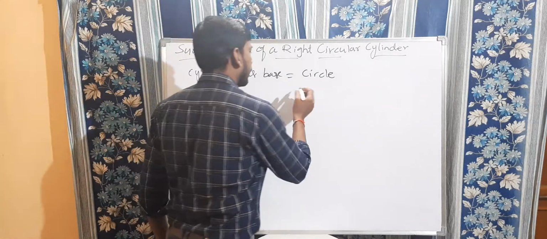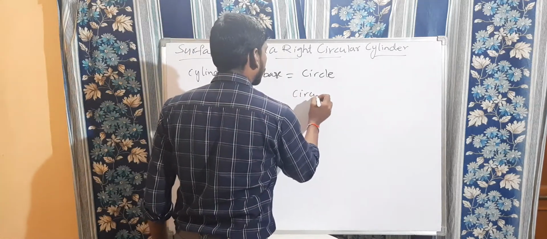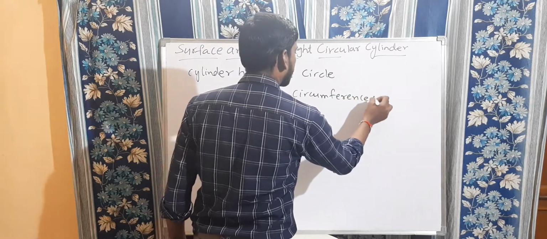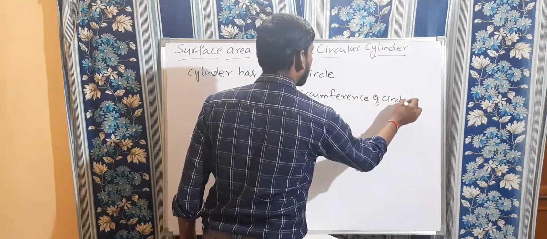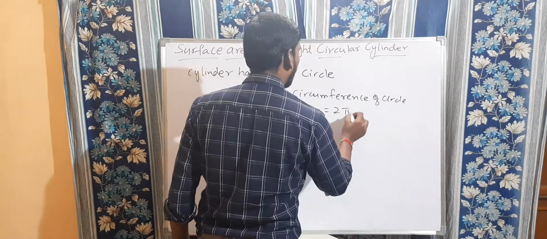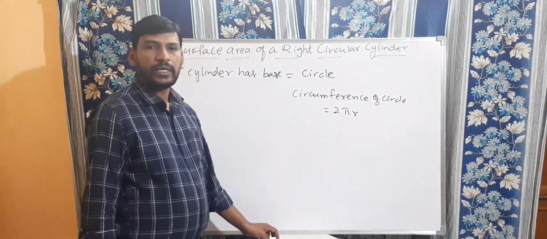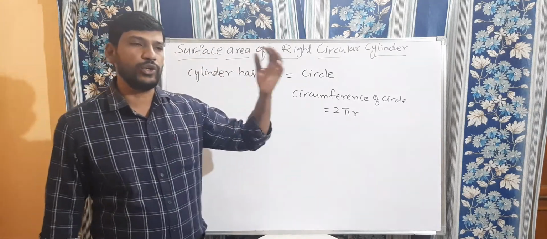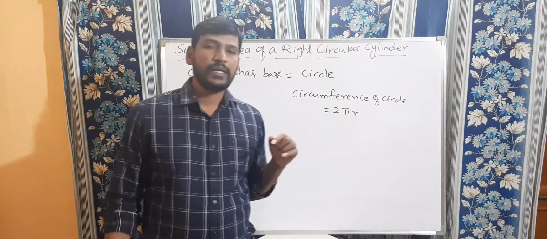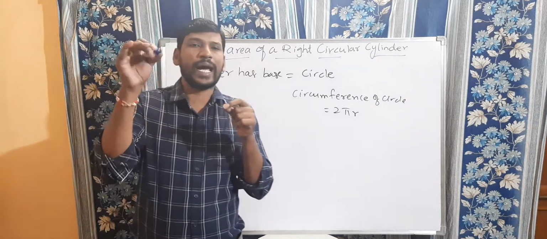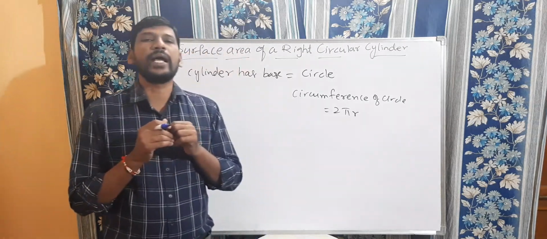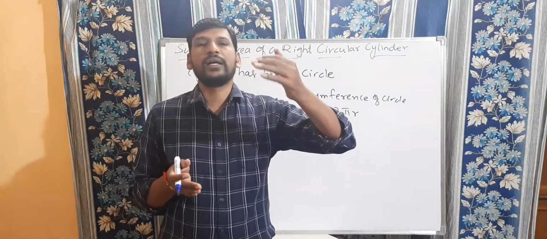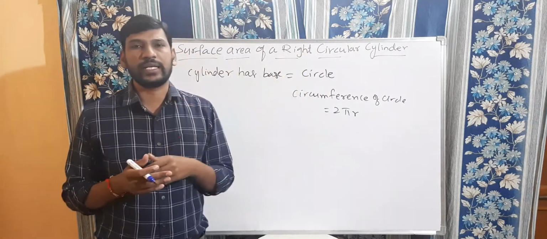Okay, we know that the circumference of circle, which is nothing but 2 pi r. Clear? Right? So now, I already told you when we were discussing the cuboid, LSA of cuboid is perimeter of base into height. When we multiply height with the perimeter of the base, it gives the lateral surface area of the cuboid.